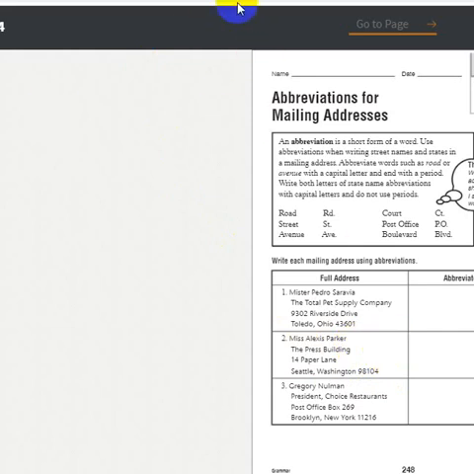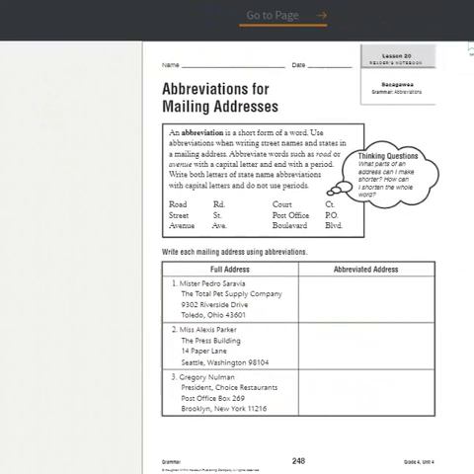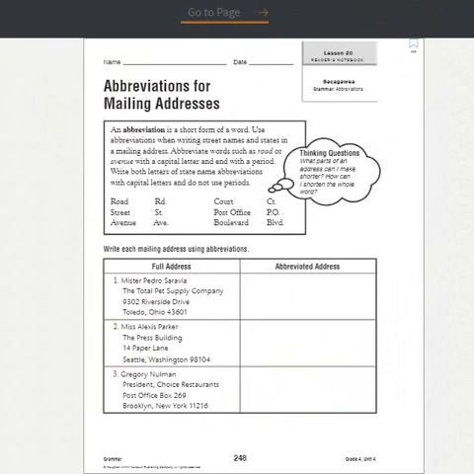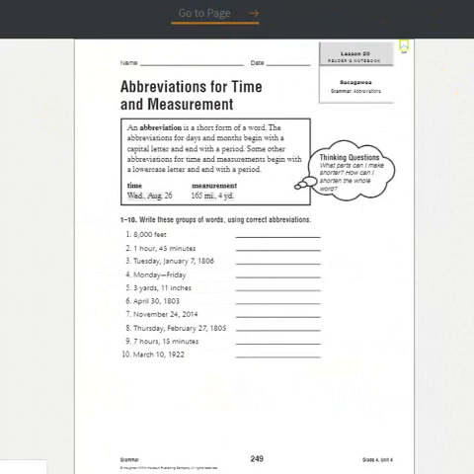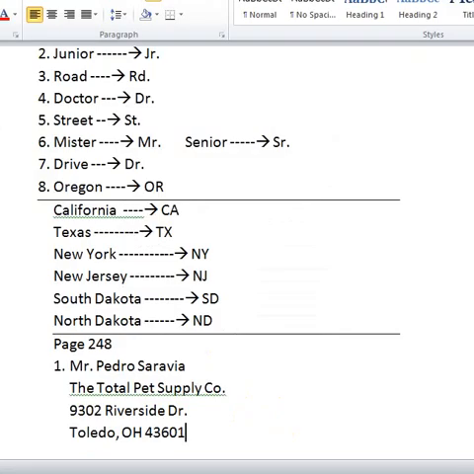So, finish up this as homework. And let's see if we have anything left over here. Okay, and we got over here abbreviations for time and measurement. Excellent. That's page 249. So, let's move on to page 249.